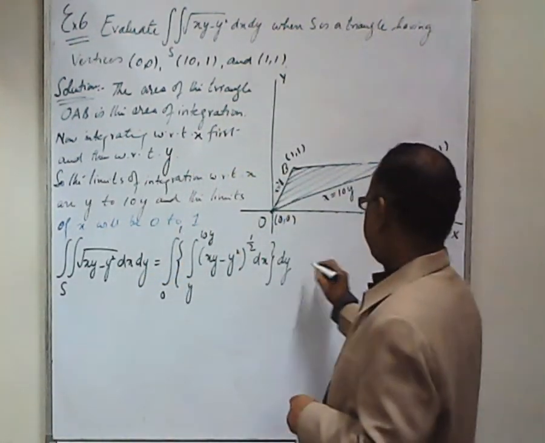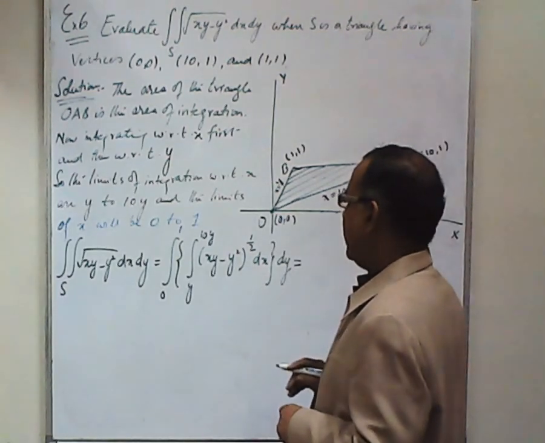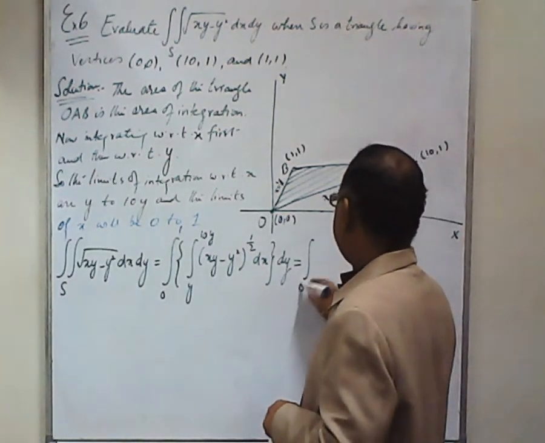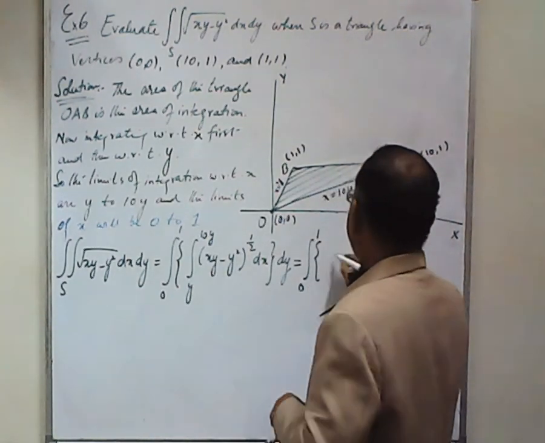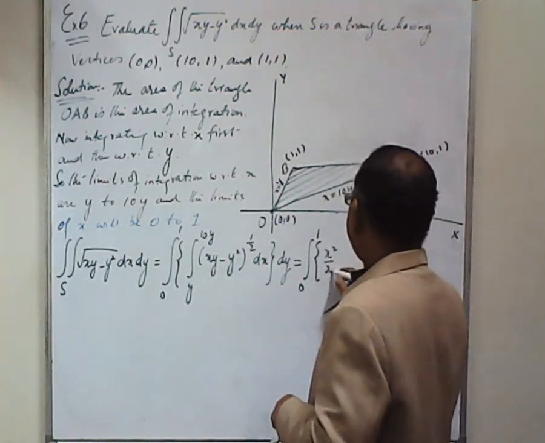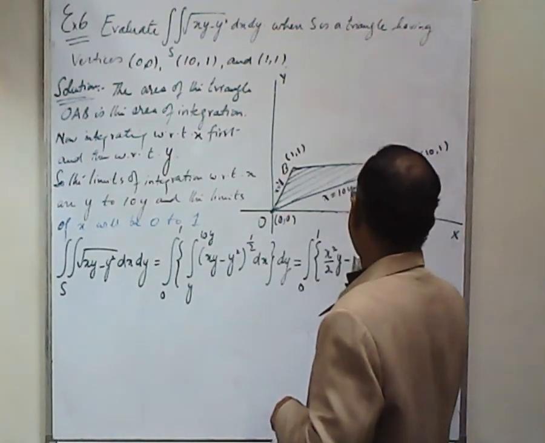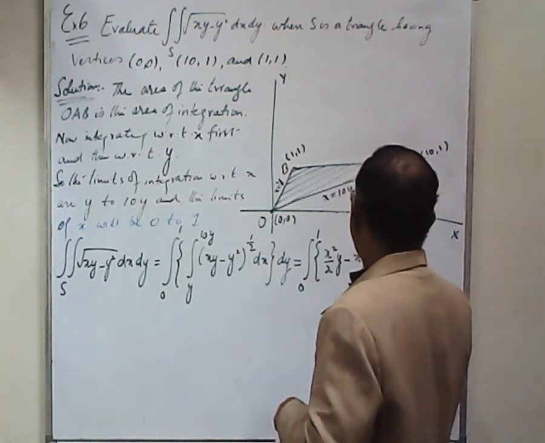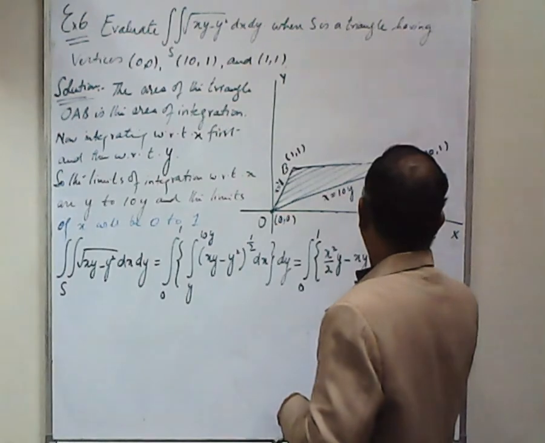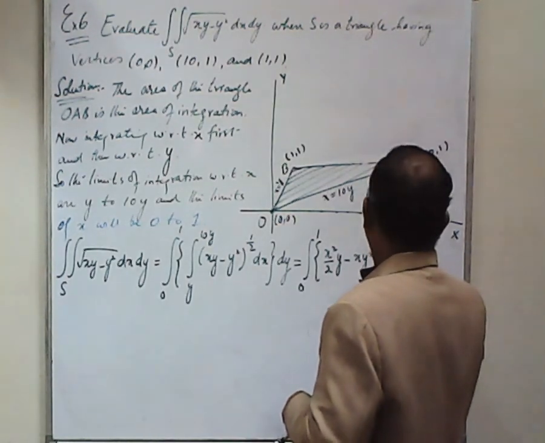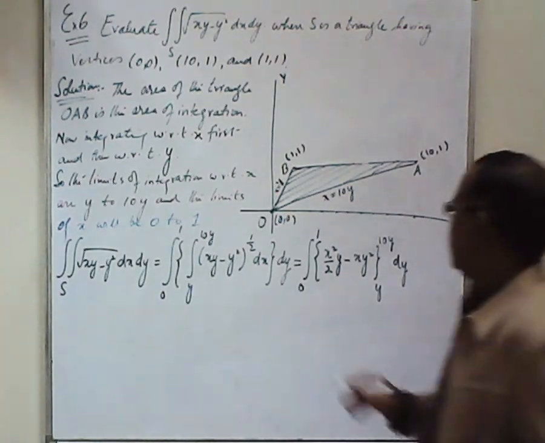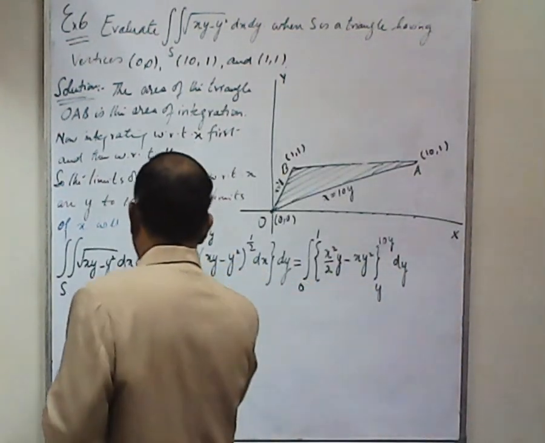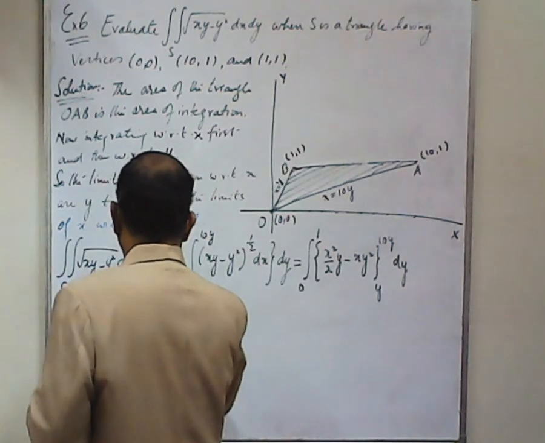Treating y as constant, it means 0 to 1, then x square by 2y minus xy square, and limits are y to tan y, and now we have dy left. Then substituting the limits, we get 0 to 1.